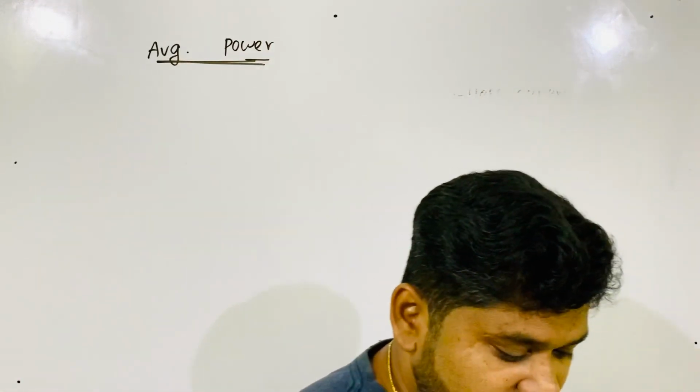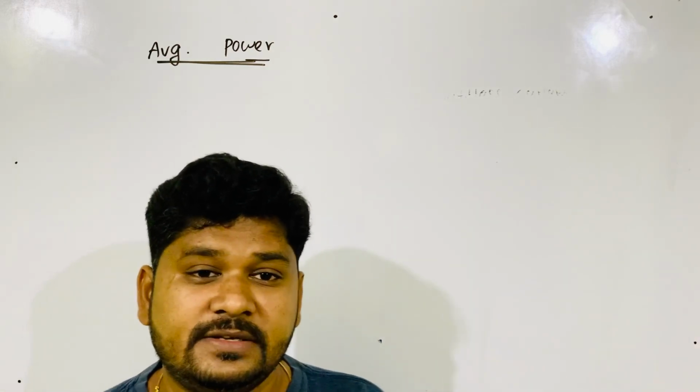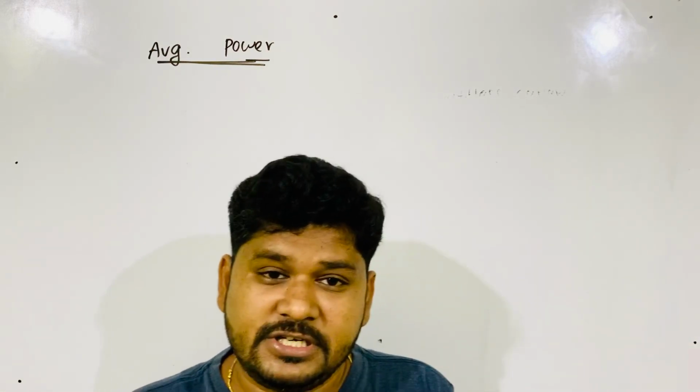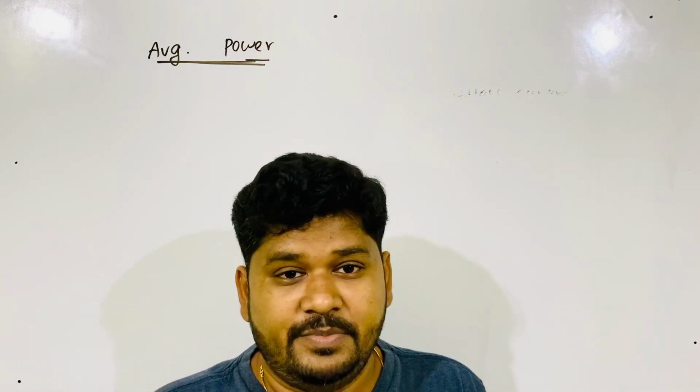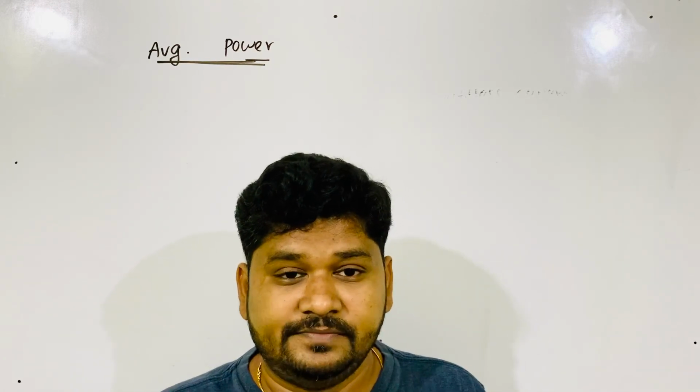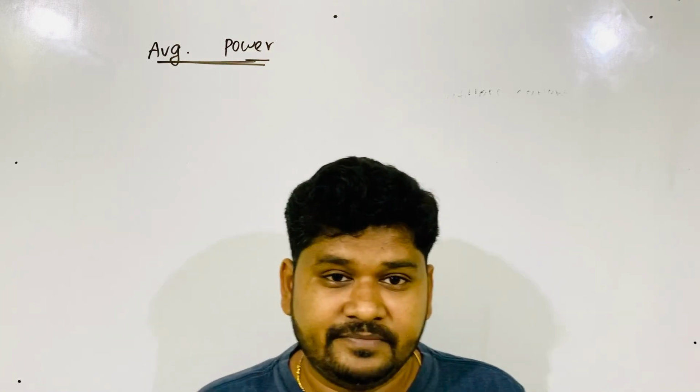So this is the expression of power in a pure resistive circuit. I told you E RMS, I RMS, no cos phi is coming there. But in pure inductive and capacitive circuits, there is no power at all.